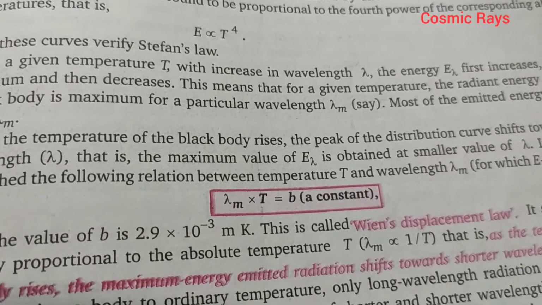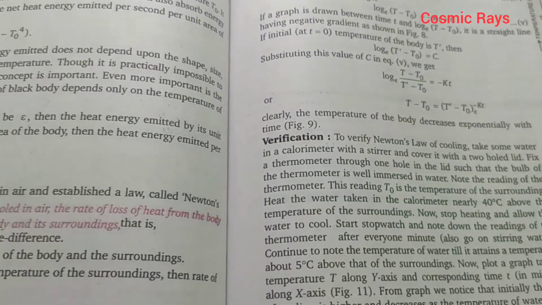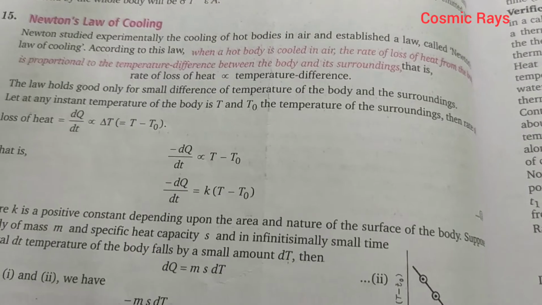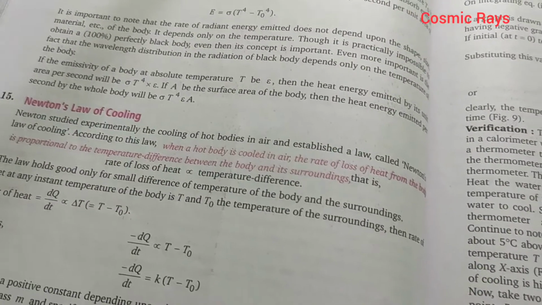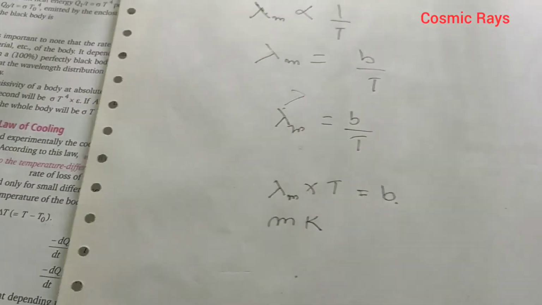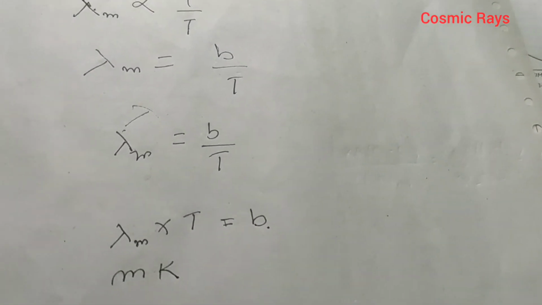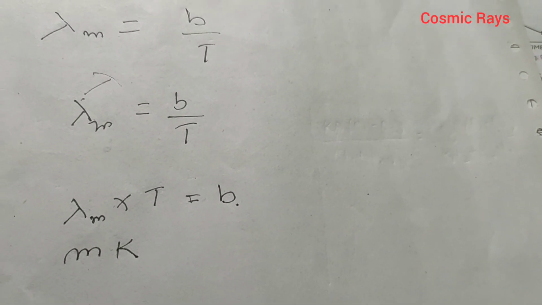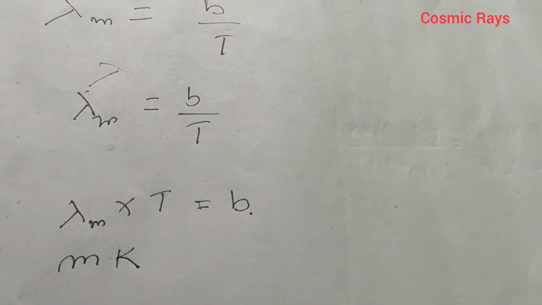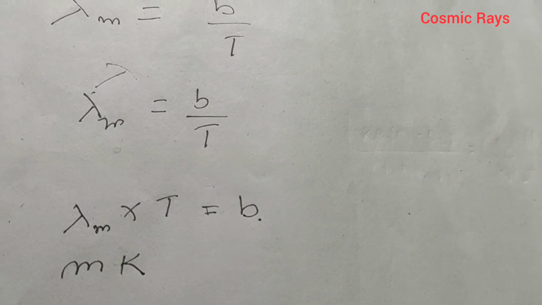Now we'll talk about Newton's law of cooling. So as we had discussed earlier, for a body to radiate or absorb energy, that will depend upon the temperature of the body and the temperature of its surroundings.